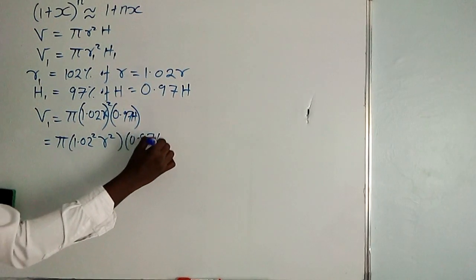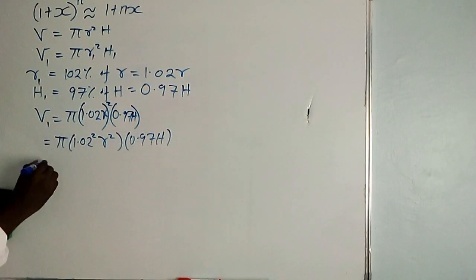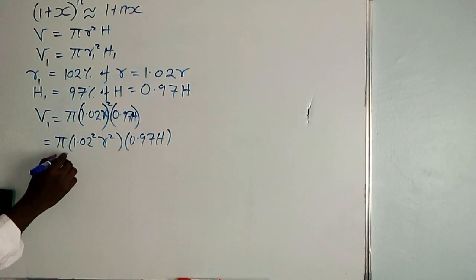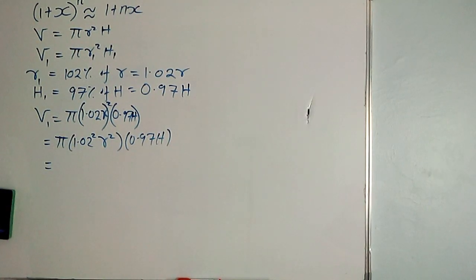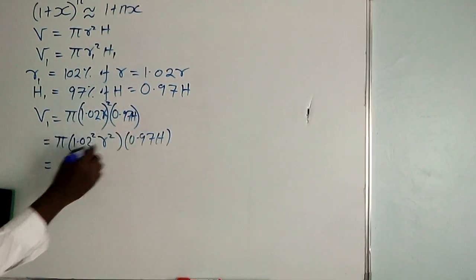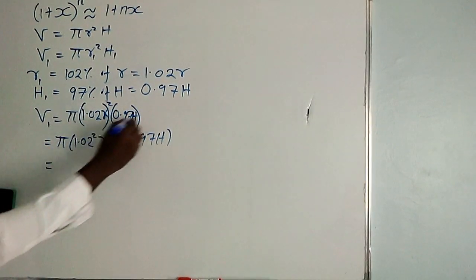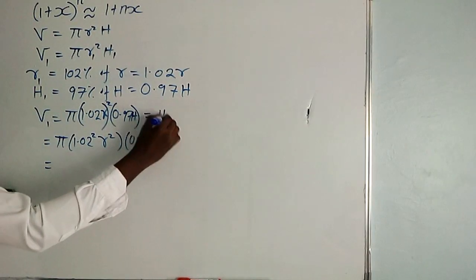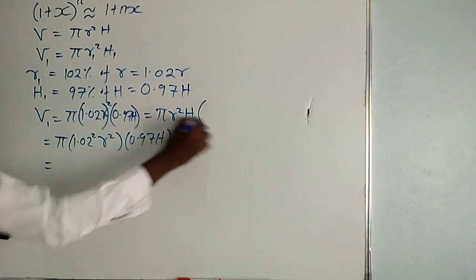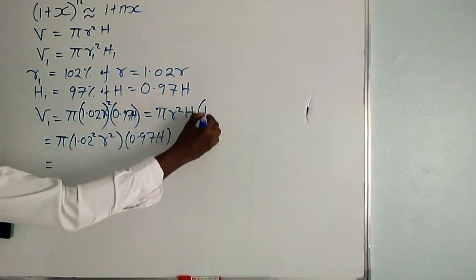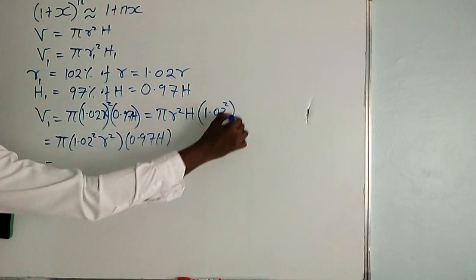Then you get 0.97 times h. Can you now remove the old volume, pi r squared h? So we have pi, r squared, h, and what has been generated is 1.02 squared times 0.97 raised to power 1.